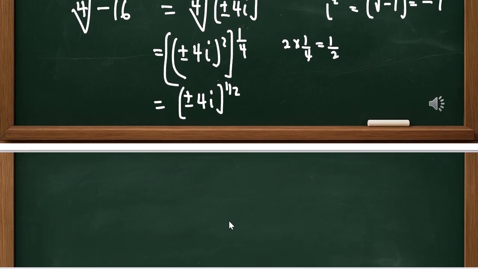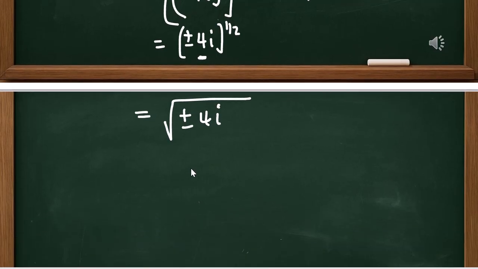Now, to further simplify this, our focus is going to be on this last expression that we've gotten. This can be written as the square root of plus or minus 4i. So the first thing I did was to get rid of the fourth root to make it a square root. But looking at this, it can be further broken down to 2 times plus or minus 2i.